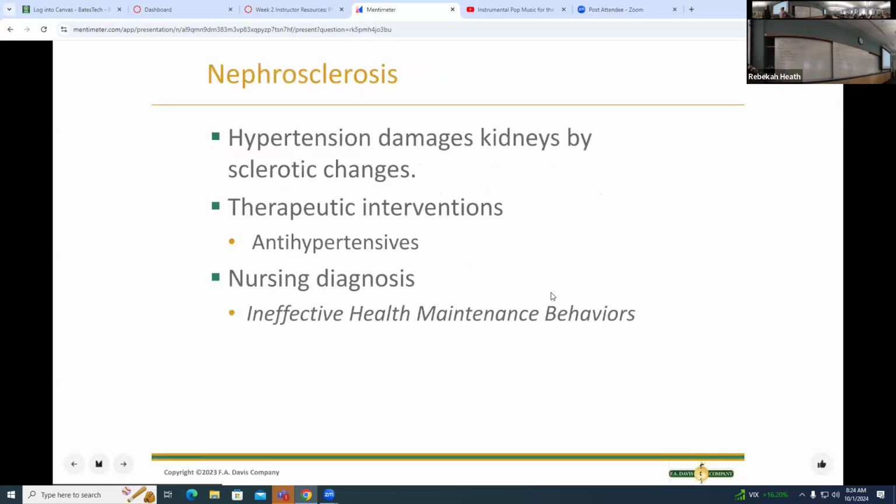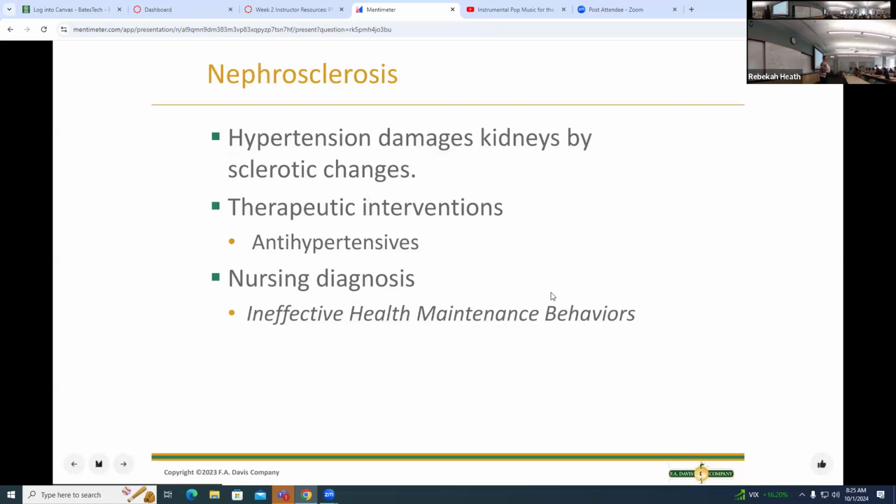All right. New diagnosis, nephrosclerosis. This is where the kidneys are damaged by sclerotic changes to the blood vessels. So this causes a lot of high blood pressure. Some of the interventions we would do is try to decrease that blood pressure overall. There's not a great way to fix it once it starts.